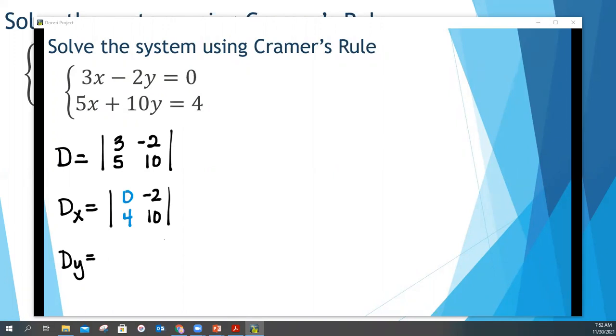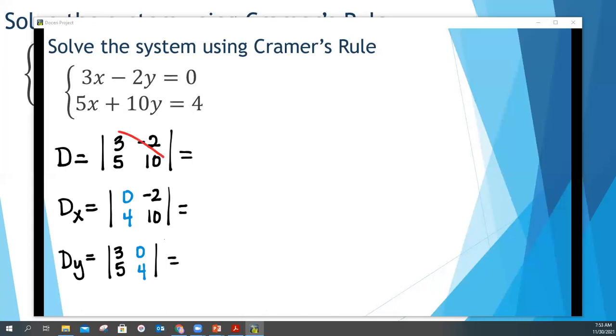And for the dy, we leave the x column alone, and then the 0, 4 moves over and replaces the y column. So when we find our determinant, we're just multiplying at a diagonal.